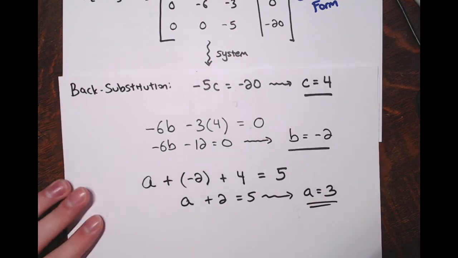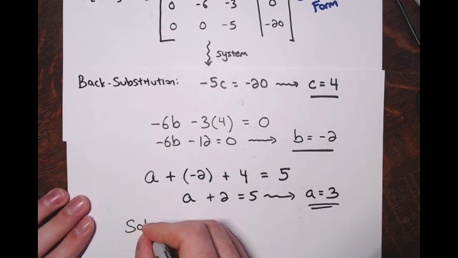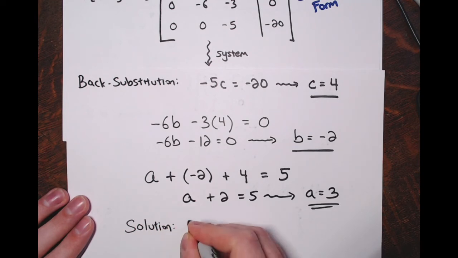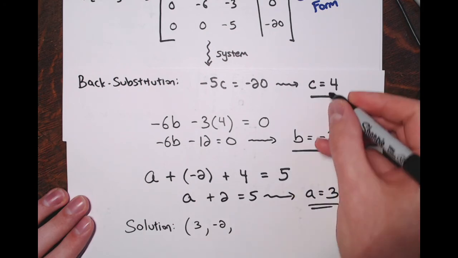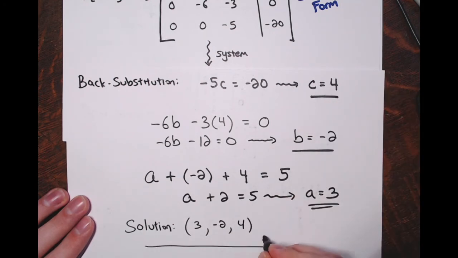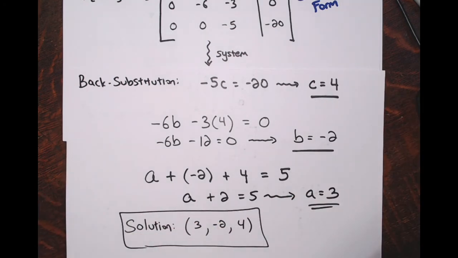And so the solution of this system we have found. a is 3, b is -2, c is 4. And that was an example of what's called back substitution. You get the system into echelon form, and then you solve from the bottom equation, substituting as you go back up.